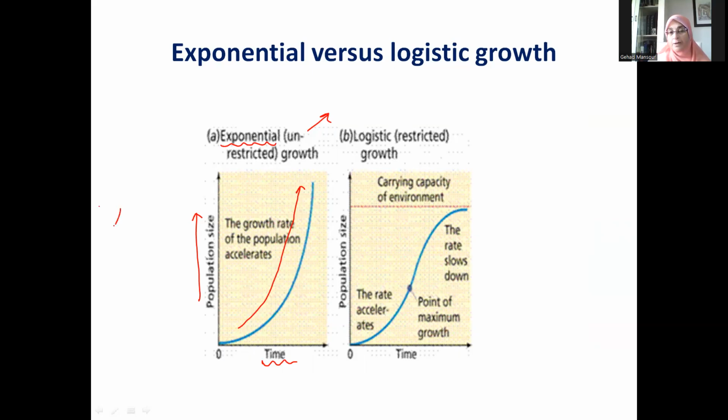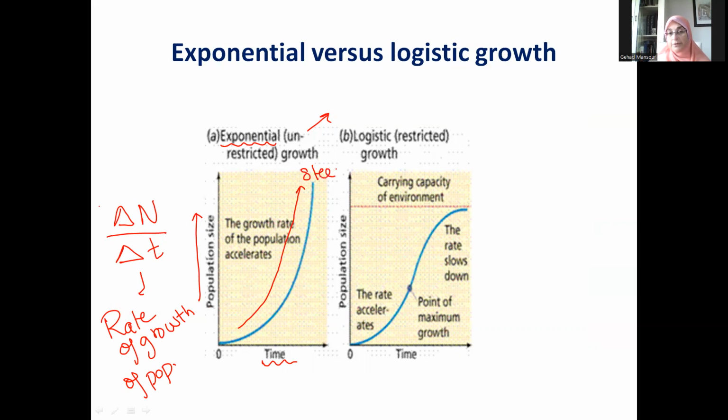If you calculate delta N, which is the change in population size, over delta t, which is the change in time, you would have a rate. And that rate is the rate of growth of the population. As we see, the graph is very steep, and this just means that the rate of growth is very high. This simply means that delta N over delta t is very high.